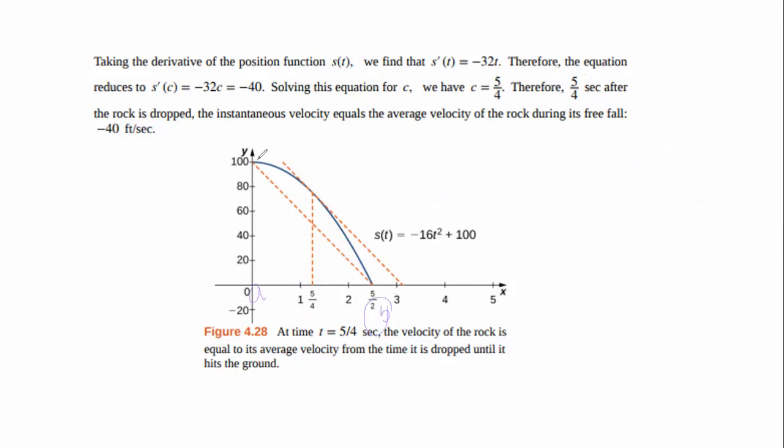Okay, and this is the फंक्शन, ये मेरे पास फंक्शन की वैल्यू है, फंक्शन की कर्व है. Okay, now this value is 5/4. इंस्टेंट तो मैंने एक लाइन ड्रॉ करनी है जो इस ग्राफ को टच करे, that cuts at this point. So this will be my point t equals 5/4. The velocity of the rock is equal to the average velocity.